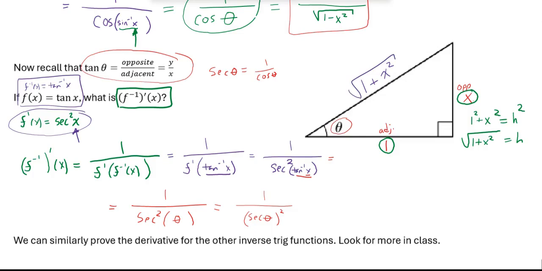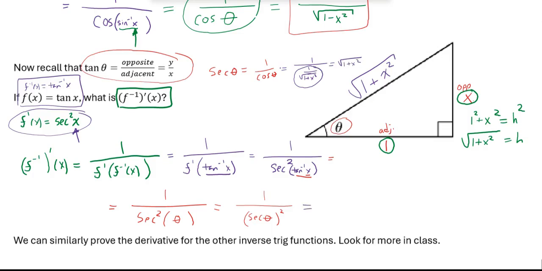Now I can do my cosine. My cosine is adjacent over hypotenuse. So the secant of theta becomes 1 over the adjacent over the hypotenuse. It's quite a bit of a mess, but if you remember dividing fractions, same change flip, this will just come out to 1 times the reciprocal of this piece, and it'll just be the square root of 1 plus x squared.